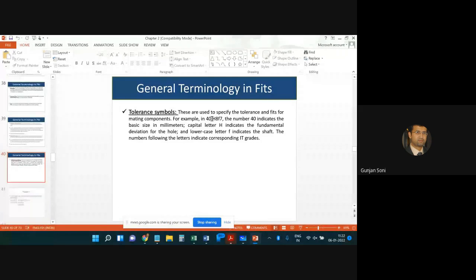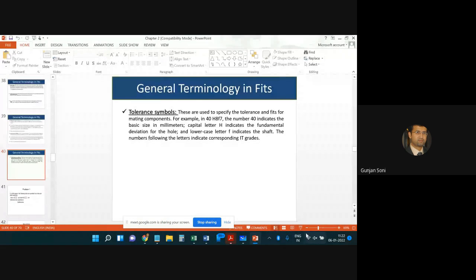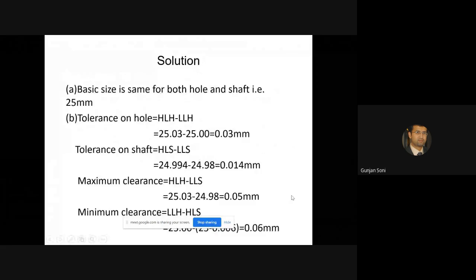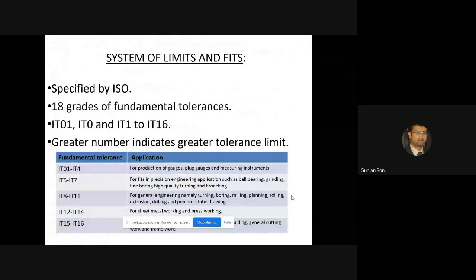So you can see the system of limits and fits we talk about.